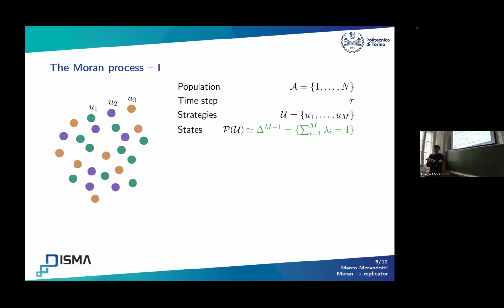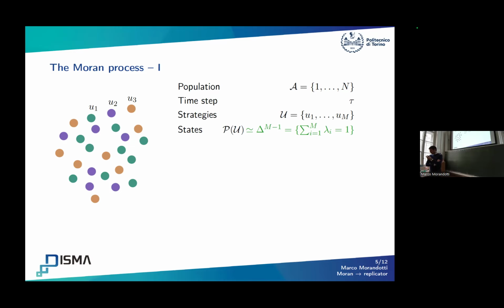Okay, now let's go microscopic and let's see the description of the Moran process. So I have a population of agents that were capital N. So here it's capital A, that's for the agents. They are labeled by 1 through N. There's my usual time step, and there are the strategies. And the states are probability distributions over the space of strategies.